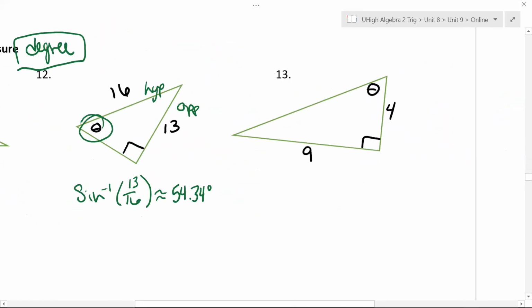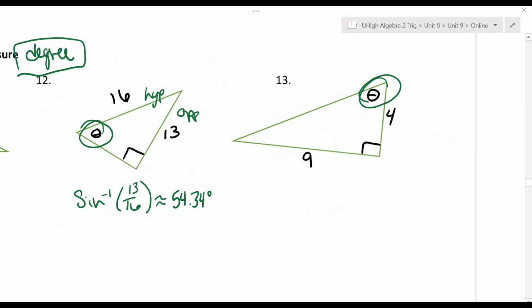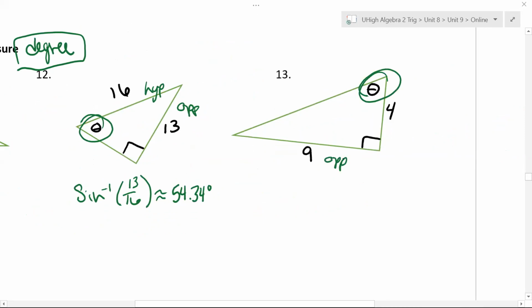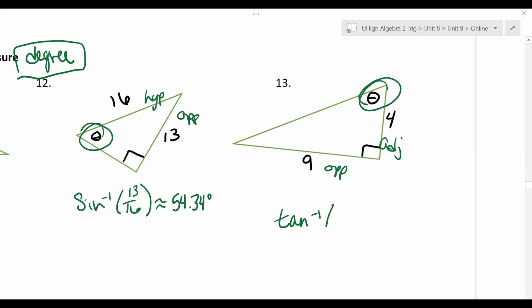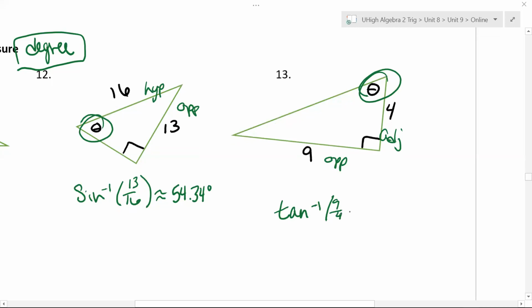And number 13, if this is my theta, I'm given my opposite and my adjacent. So that's going to be my tangent function. I'm going to look at my inverse tangent of 9/4, which is going to get me approximately 66.04 degrees.